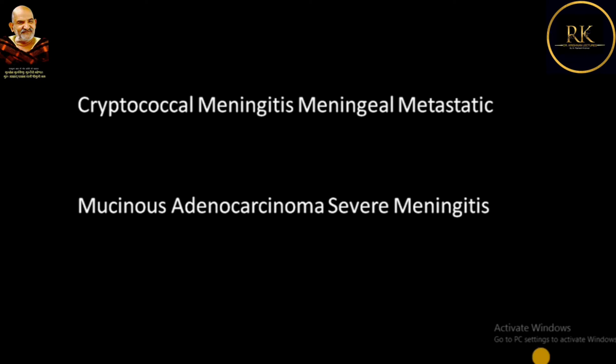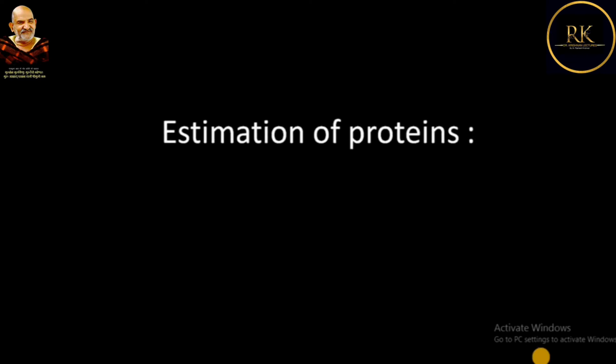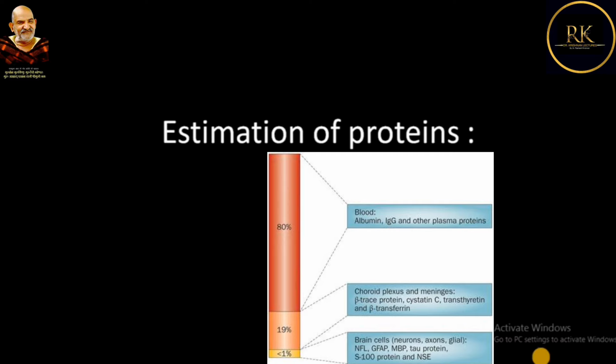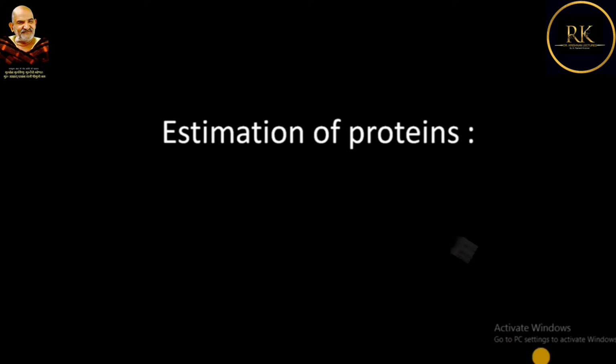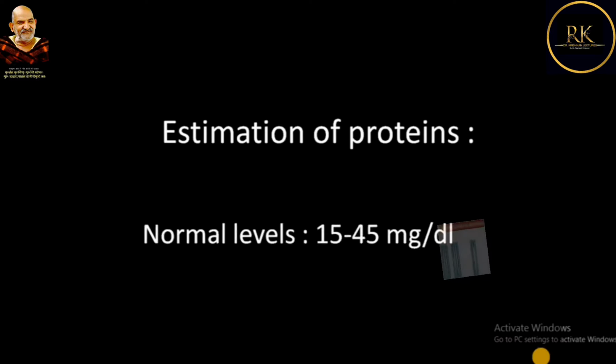Then estimation of proteins. Normal level of CSF protein is 15 to 45 mg per deciliter.